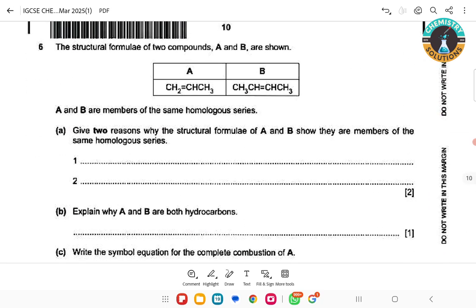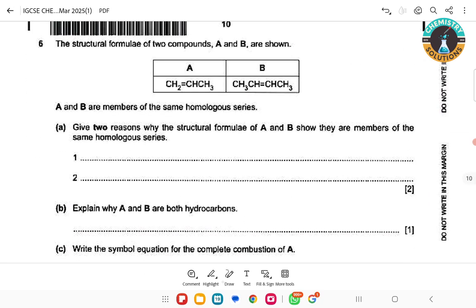Last question. The structural formulae of two compounds A and B are shown. A and B are members of the same homologous series. Give two reasons why the structural formulae of A and B show they are members of the same homologous series.